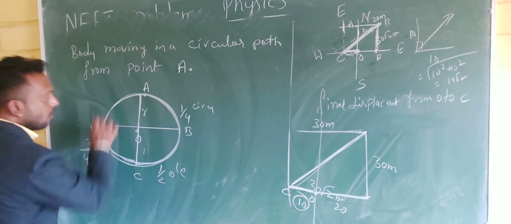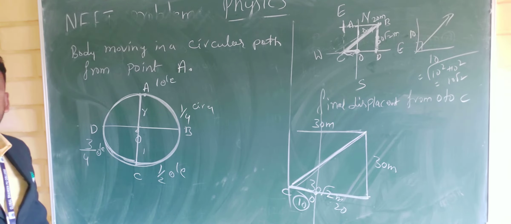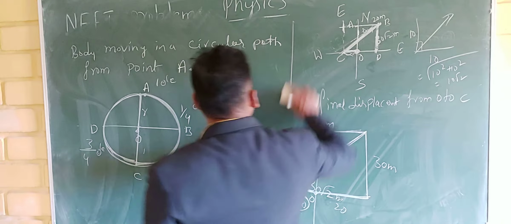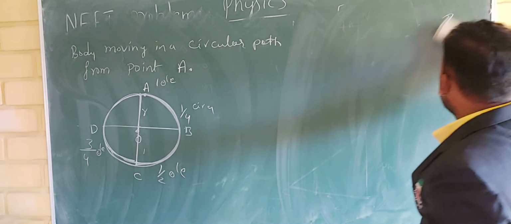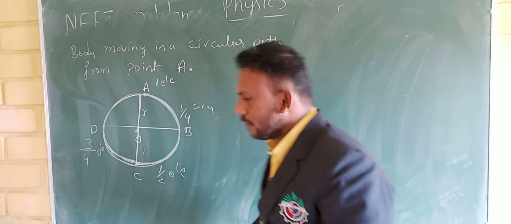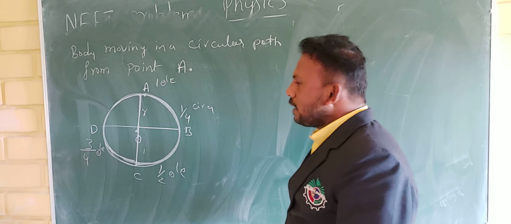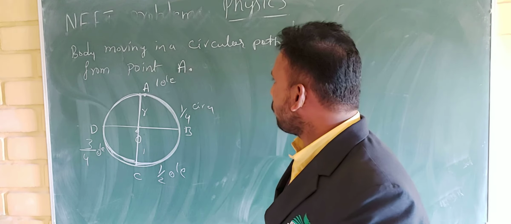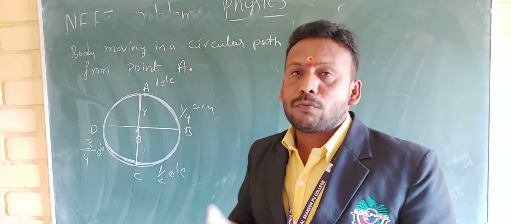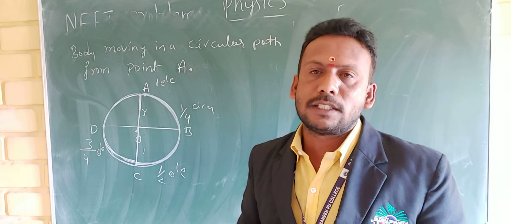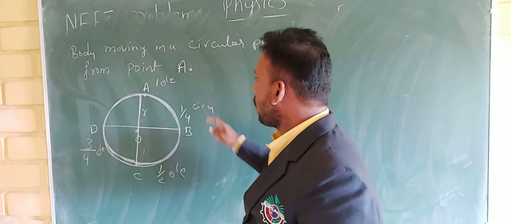From A to A is one complete circle. For example, a body moving in a circular path from point A reaches point B. It covers 1/4 of its circumference.